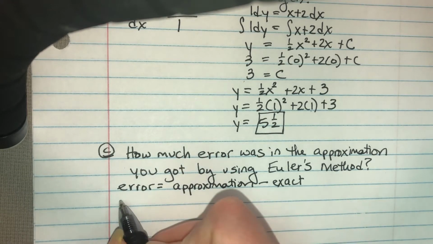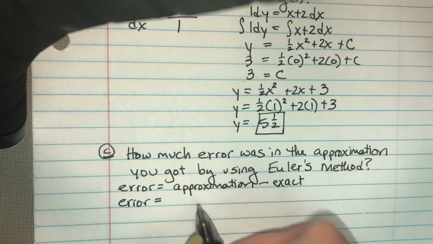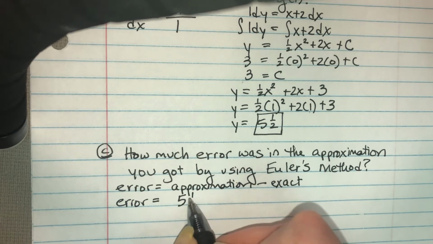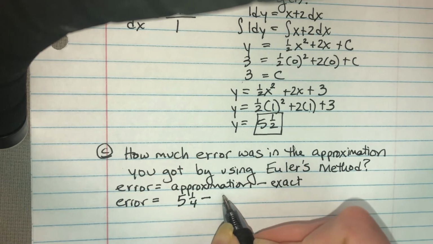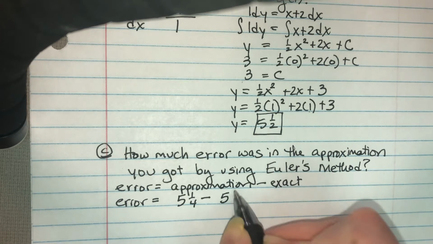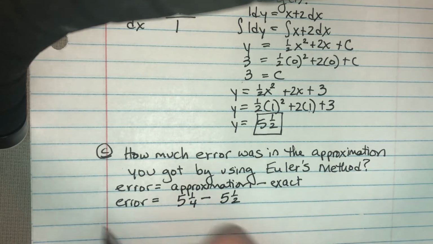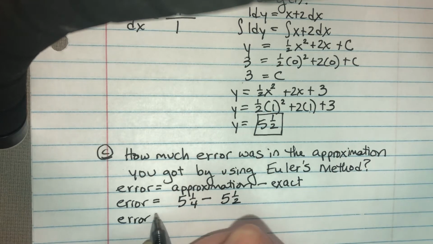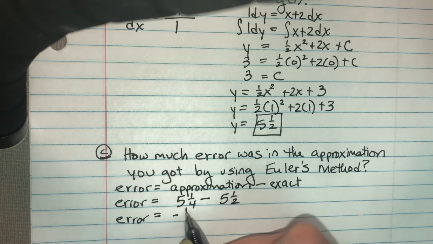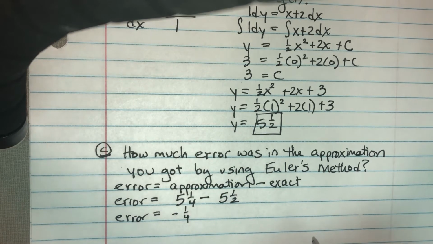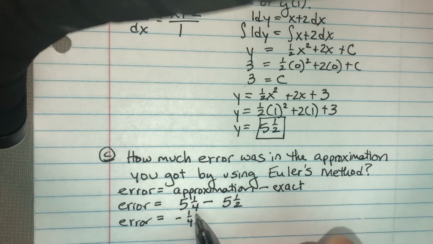So we're going to say the error is equal to our approximation, which was 5 1/4, minus our exact value, 5 1/2. So that's going to be an error of negative 1/4. So our answer that we got by the approximation was less than the actual by 1/4.